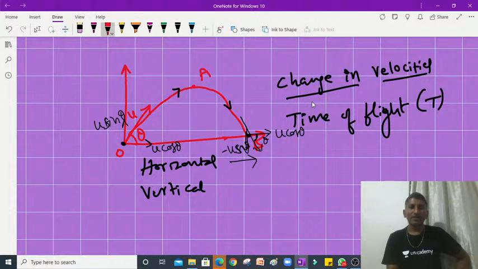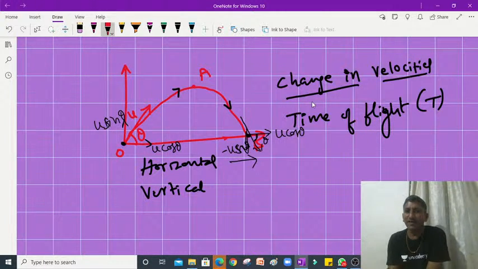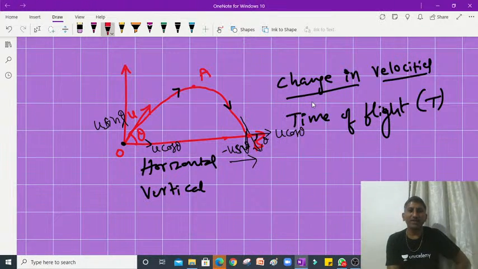Now you see here, change in velocity about horizontal direction. If you are asking me, the final velocity at this point about horizontal direction and the initial velocity about horizontal direction at this point we are going to take.